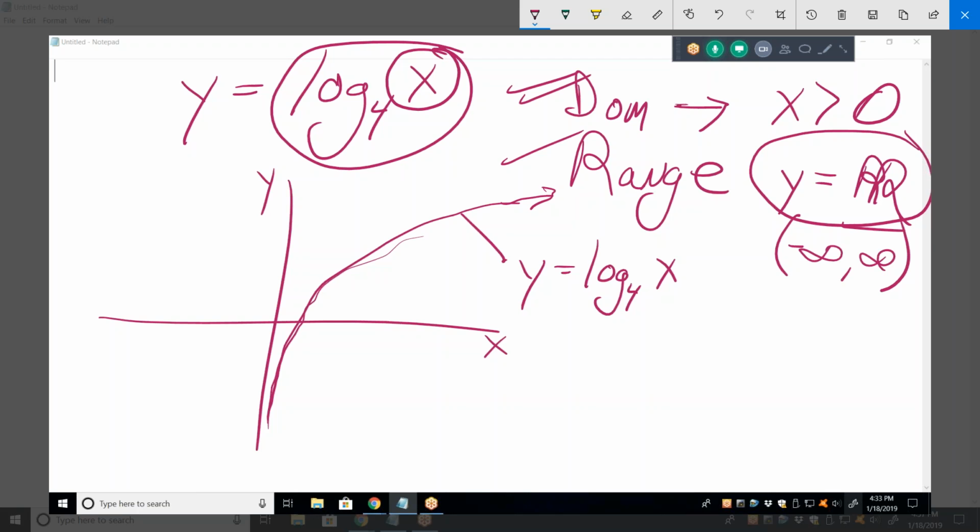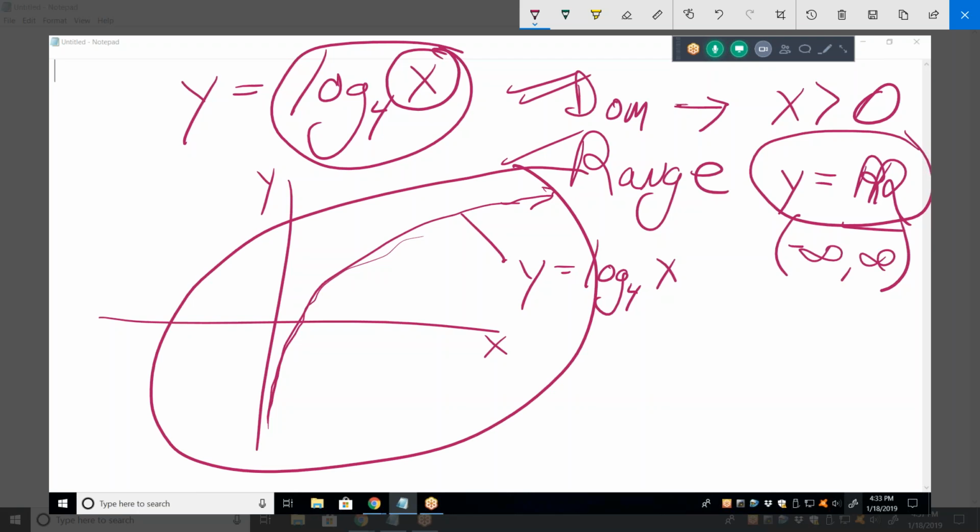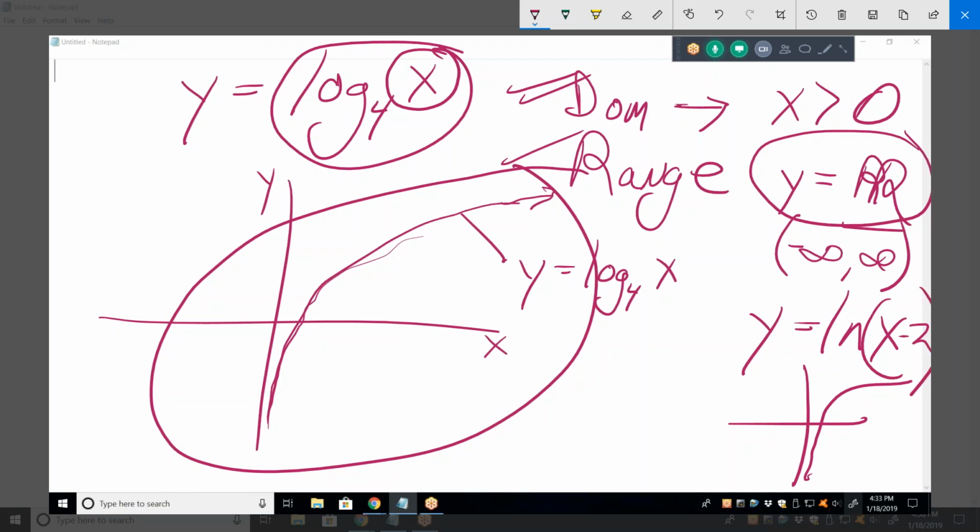Okay. And this is very typical of all log functions. If I said, how do you graph this? Well, guess what? It looks just like what I just graphed. It can be a little different if I had the log of x minus 2, something like that.